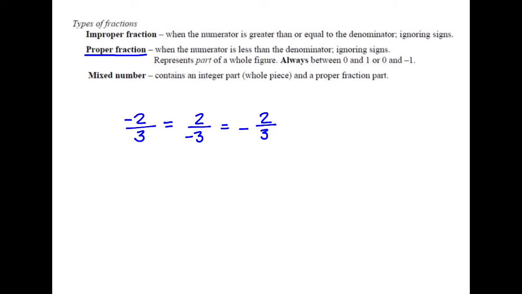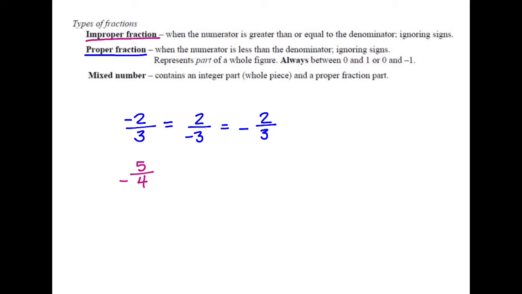An improper fraction now is exactly the opposite of that, where the top is bigger than the bottom. So if I had, for example, 5/4, that is improper. It is unbalanced. The top is too big. If I had a negative here, it wouldn't matter. If I had a negative here, it wouldn't matter.